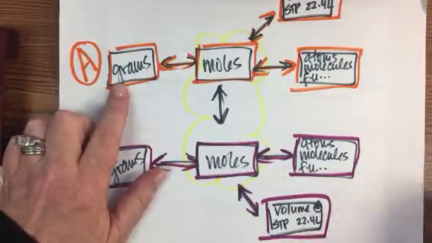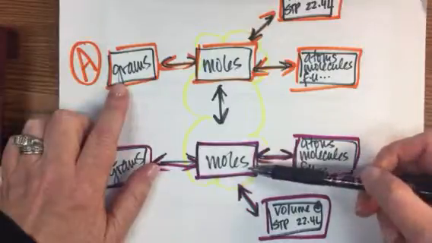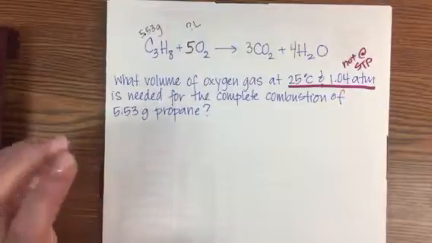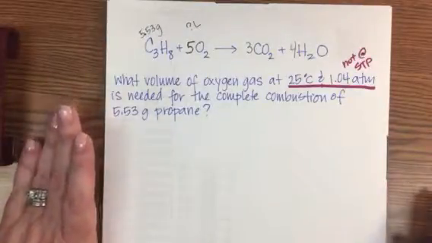So we've got to go from grams to moles of oxygen, take our number of moles of oxygen and put that into the ideal gas law to then figure out how many liters we need.